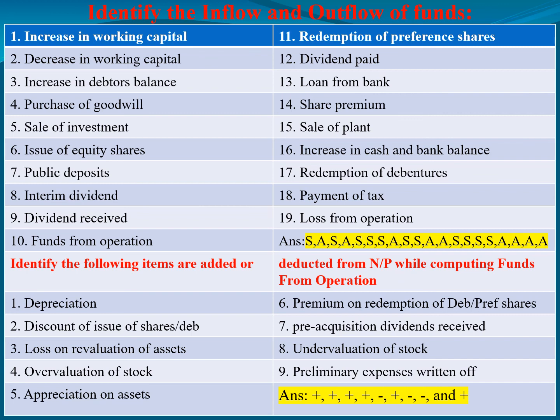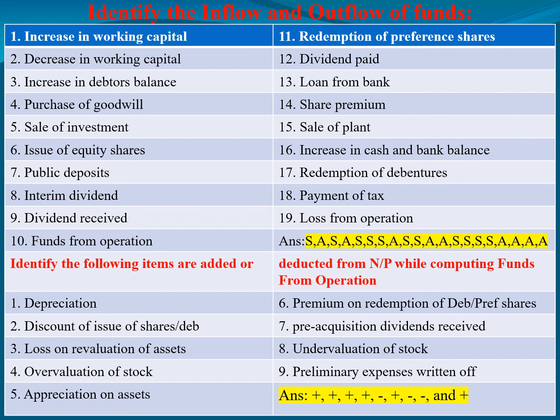Fourth one, a little bit confusing. Overvaluation of stock. It should be added or deducted, depending on whether it is the opening stock or closing stock. Overvaluation of opening stock, added. Overvaluation of closing stock is subtracted.